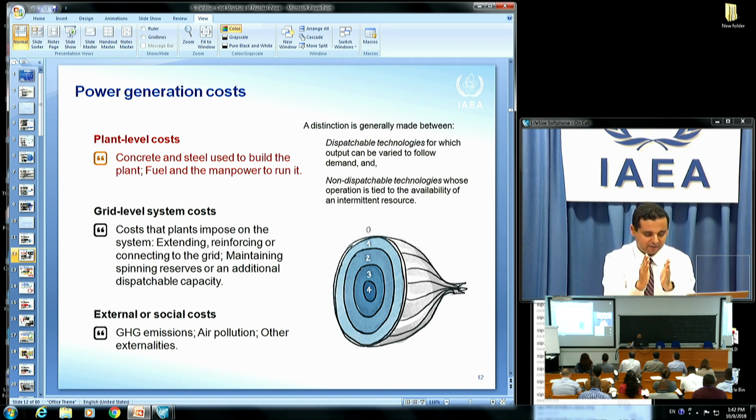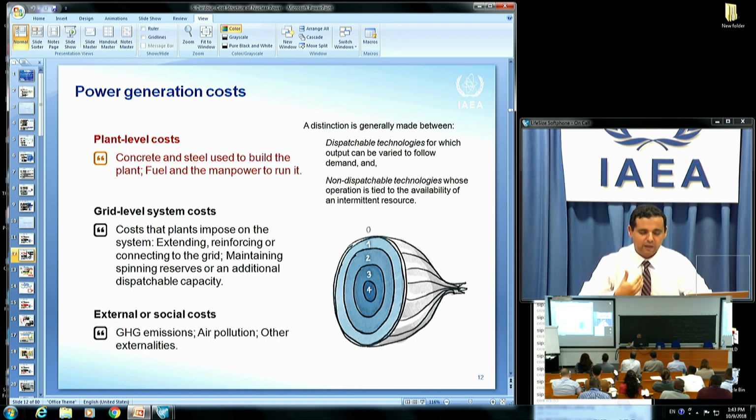So we stop there. And it's important to distinguish at this step between what we call dispatchable technology and non-dispatchable technology. Dispatchable technologies are technologies for which the output can be varied to follow the demand.